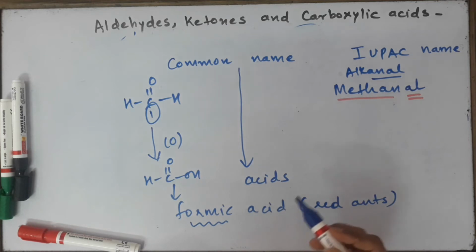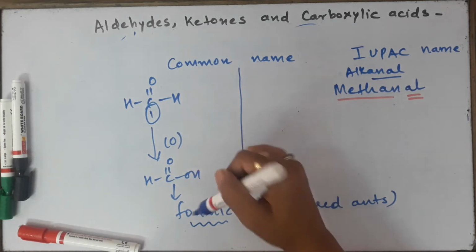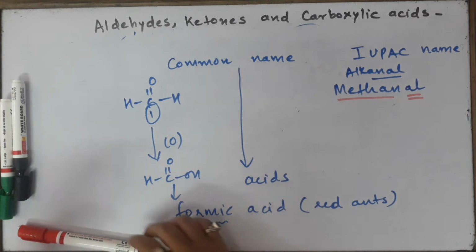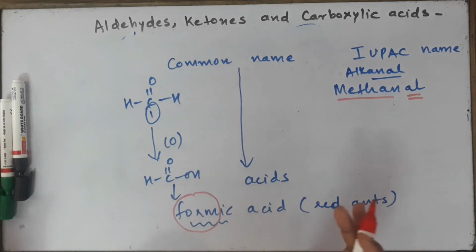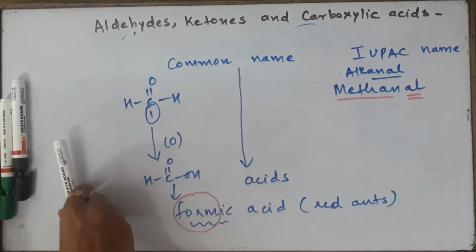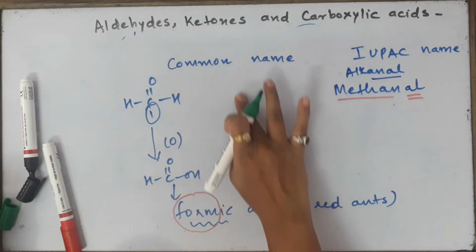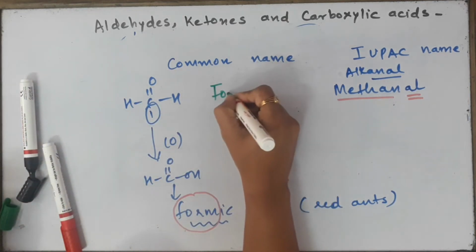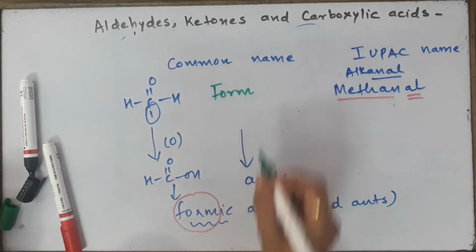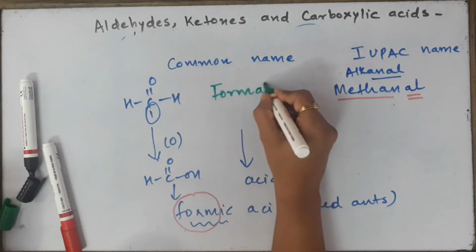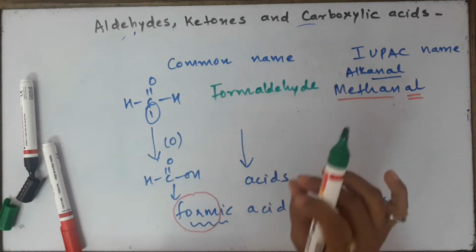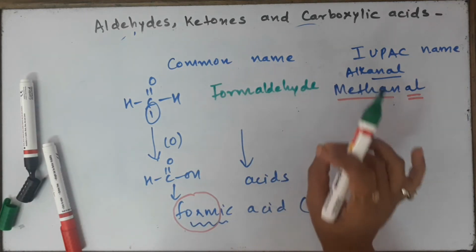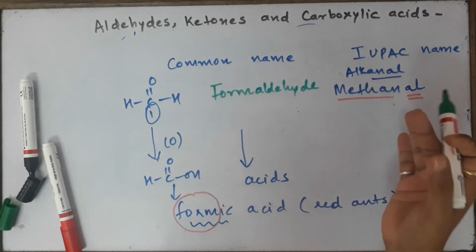It's of course a weak acid. So formic acid was the name of the acid which formaldehyde gives on oxidation. So we use this word form, except the IC, and that will be the name of the compound. I'll write down the common name of this aldehyde as form, and then aldehyde: formaldehyde. Formaldehyde is a very important preservative used in biology labs for preserving biological specimens.